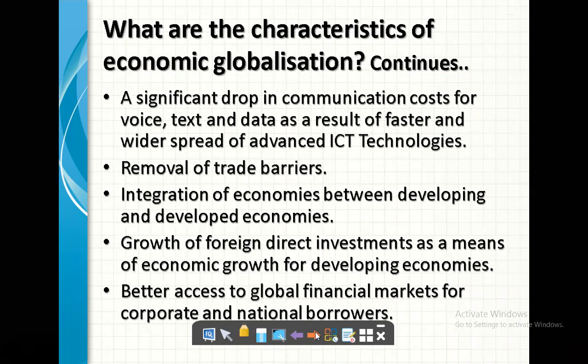Another characteristic is a significant drop in communication cost for voice, text, and data as a result of faster and wider spread of advanced ICT technologies. That means that for our voice, we are no longer using copper wire.